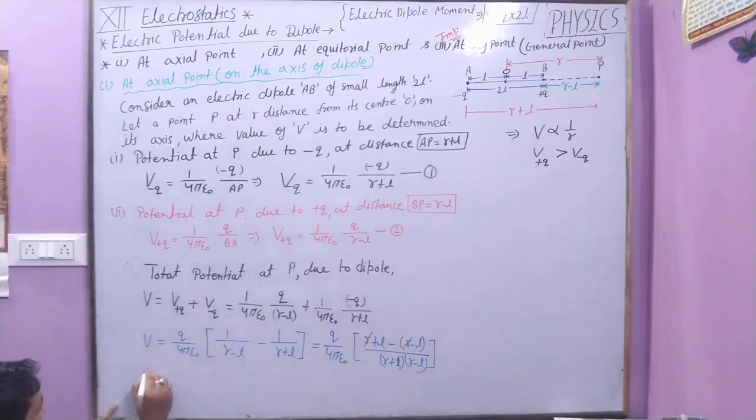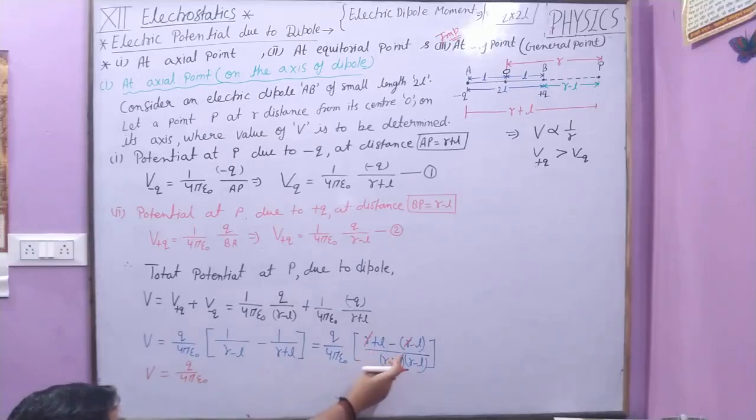So the next formula we get is Q upon 4 pi epsilon naught, L plus L is 2L upon R square minus L square. This is equation 3rd.